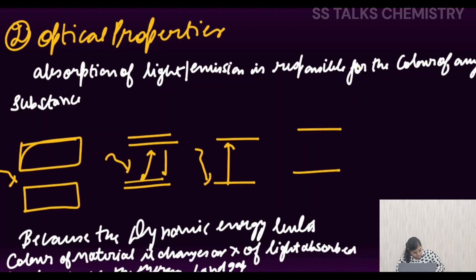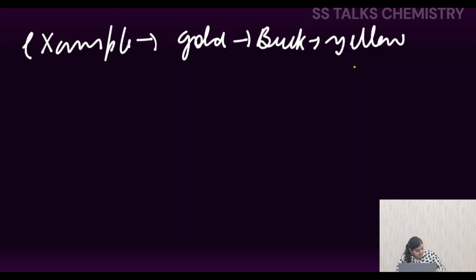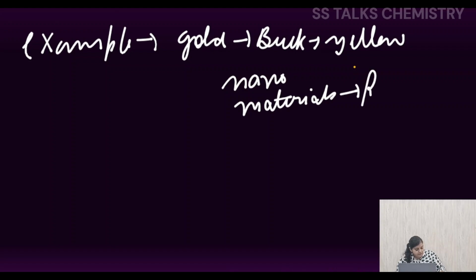An example is gold. In the bulk material it possesses a yellow color, whereas in nanomaterials it possesses a red color.